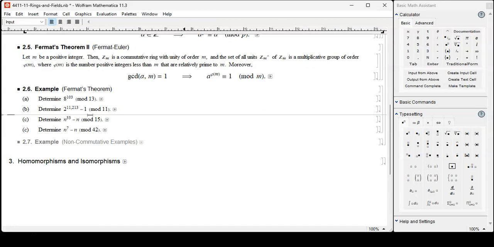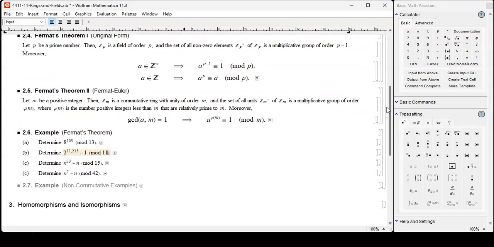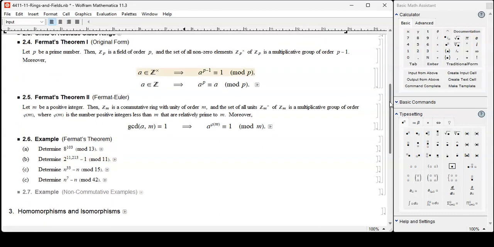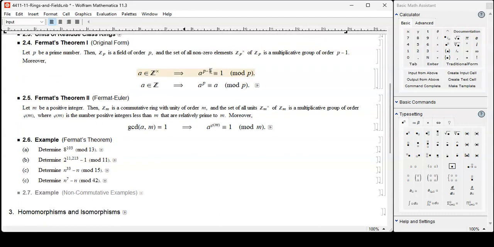2 to the 11,213, modulo 11. Again, 11 is a prime number, so we can use this. Anything to the 11 minus 1 power, the 10th power, is 1. This time the computation is actually easier. All I need to do is to get just 0.